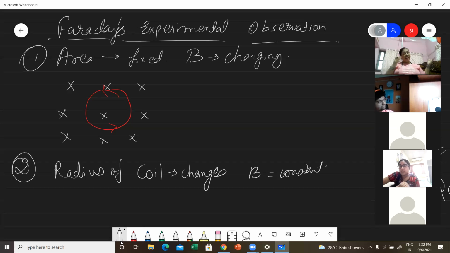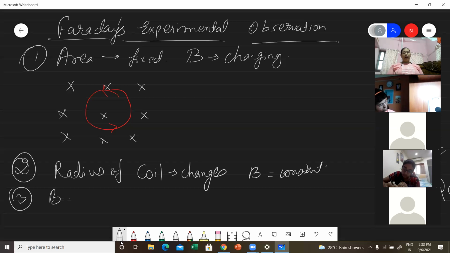Because flux is directly proportional to area also. If the area is small, the field lines are fewer and the field is small. If the radius is big, the area will be big, and more field lines will pass through the coil, so the current will also increase. Correct?